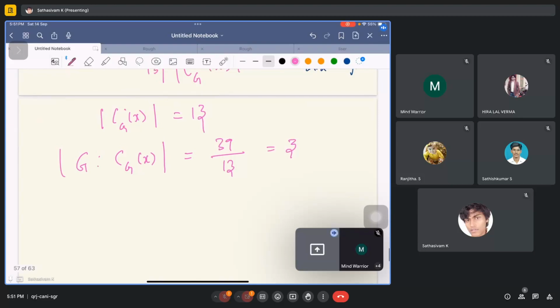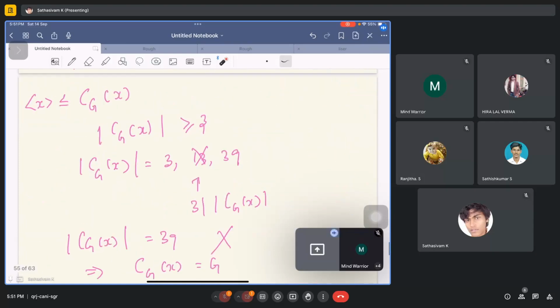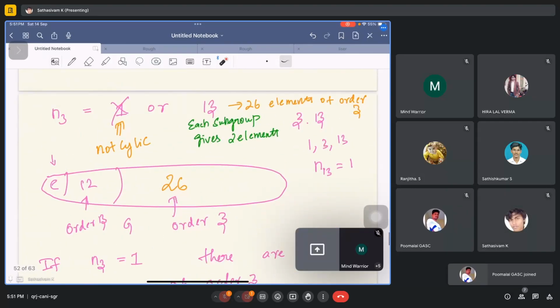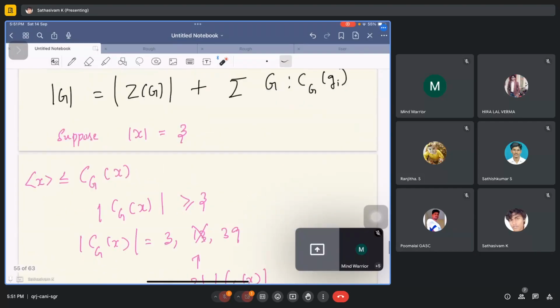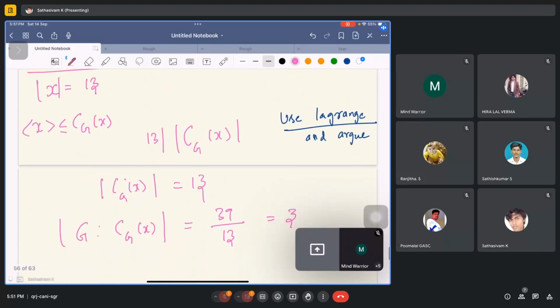So how many elements of order 13 do we have? We have 12 elements of order 13. So let's go back and see. Here we have 12 elements of order 13, and these 12 elements split into 4 conjugacy classes, each of size 3.